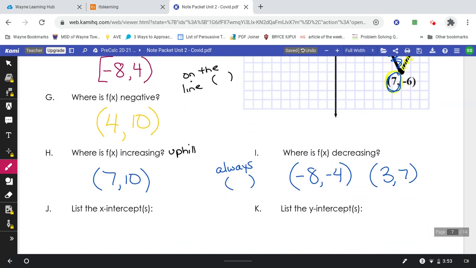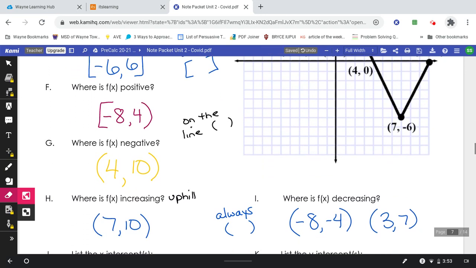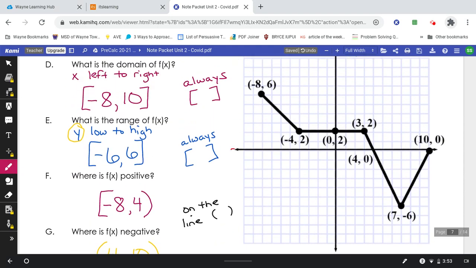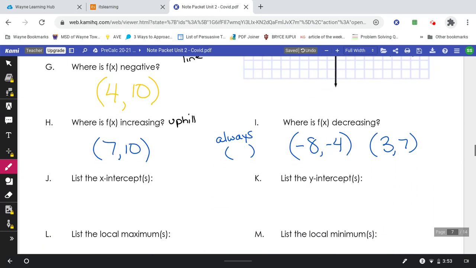All right, now for the x-intercepts. We've already talked about intercepts. Intercepts is anywhere where it's crossing the axis. So if we want to work on our x-intercepts, it's going to be anywhere that crosses this line. I see 2 points here, (4, 0), and here, (10, 0). And you can give the full point for these. You don't have to just say 4, 10.